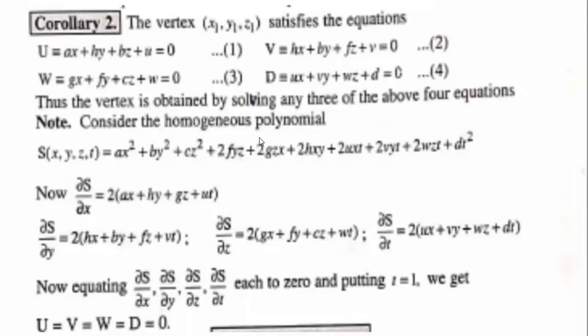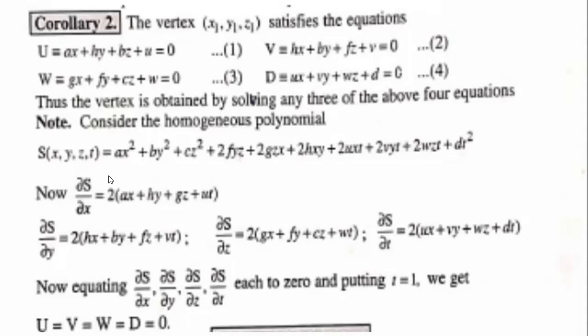Now consider the homogeneous polynomial S of x, y, z, t, that is nothing but ax square plus by square plus cz square plus 2fyz plus 2gzx plus 2hxy plus 2uxt, 2vyt, 2wzt plus dt square.